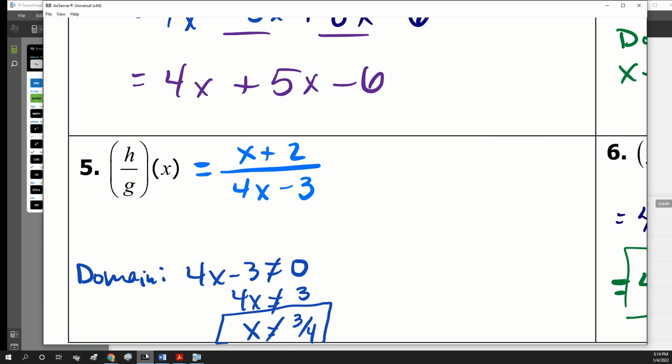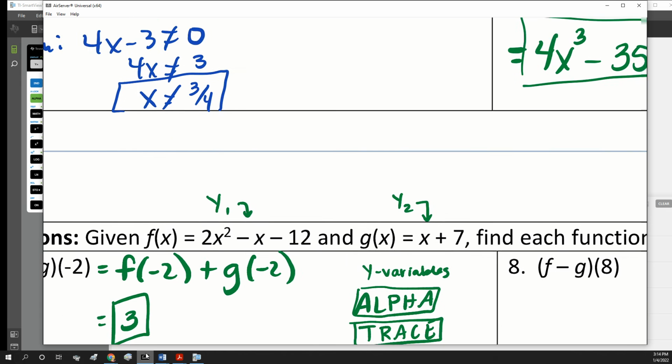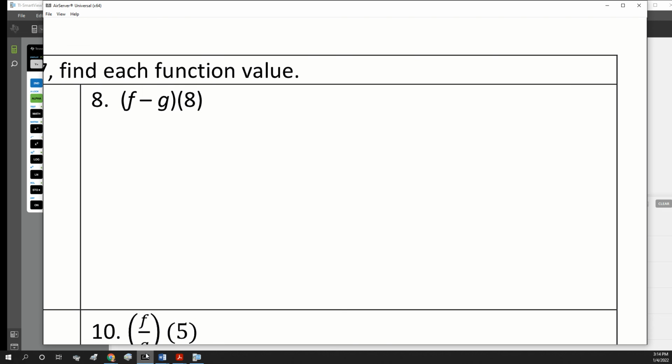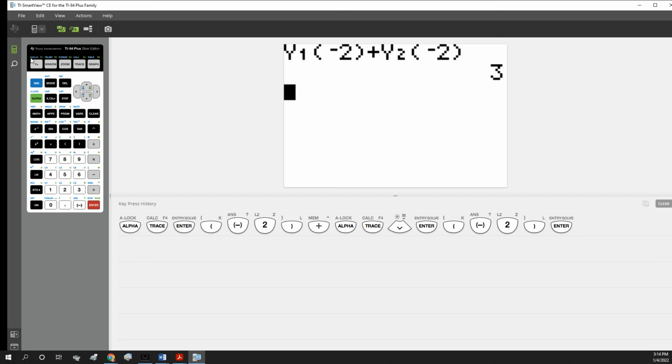Now, those ones we just did with x, you can't do those in the calculator. You have to be plugging in a number to be able to do it in the calculator. All right, so let's look at 8. So for 8, we're going to do f minus g of 8, which is going to be y1 of 8 minus y2 of 8. And we've already put f and g in the calculator, so we don't have to change that.